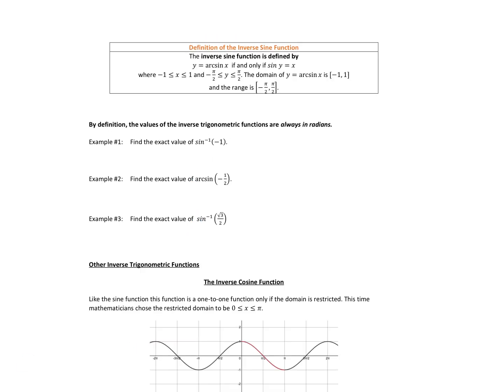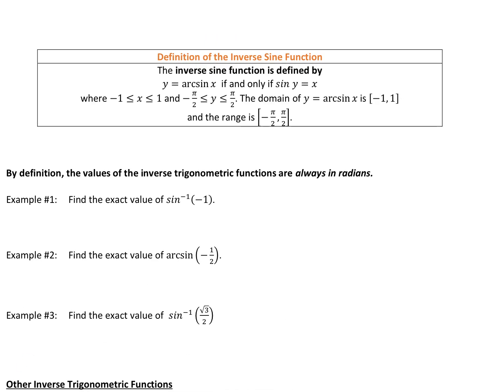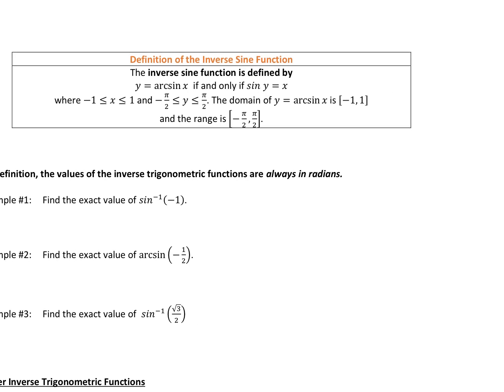Okie dokes. Again, this is just your definition in words. I think a lot of us are probably visual learners, so I'm going to go ahead and draw a picture of what this means on our unit circle.